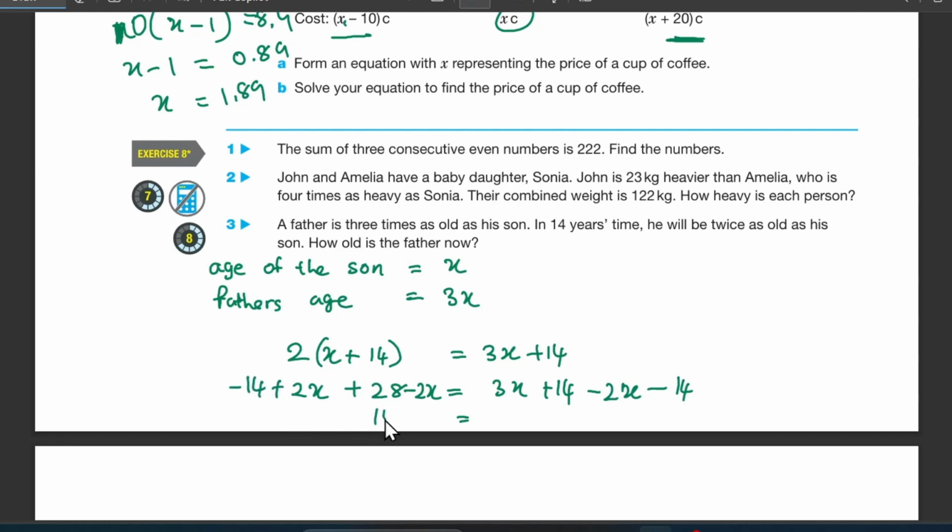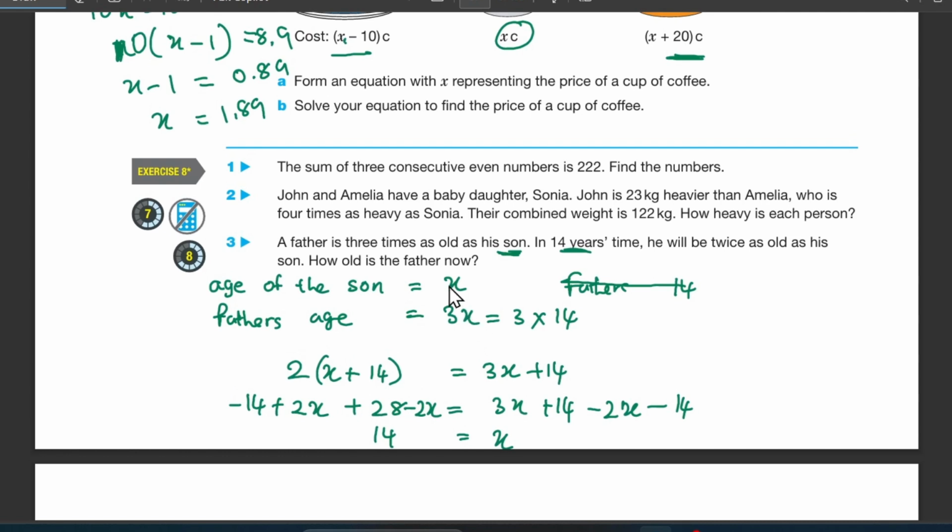Then we get 14 here and x here. So x equals 14. So that's the son's age 14 years ago. So the son's age was 14. So then at that time the father's age was 3 times 14. So that's 42.